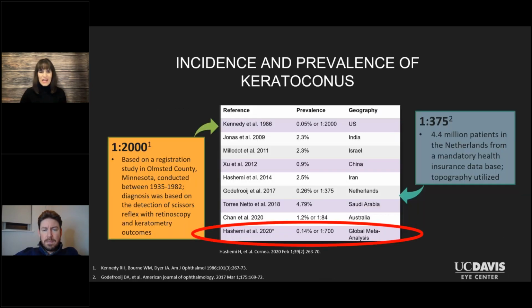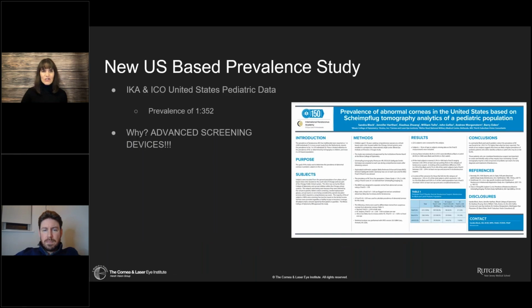If you go back to all these studies, you have to look at how patients were evaluated. What type of technology was used in order to diagnose keratoconus? And in this study, corneal tomography was used, and you can see that prevalence. Now, John, do you think that number is high? Do you think it's low? What do you think about that?